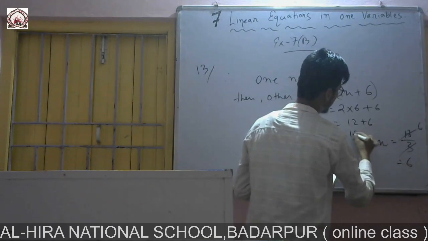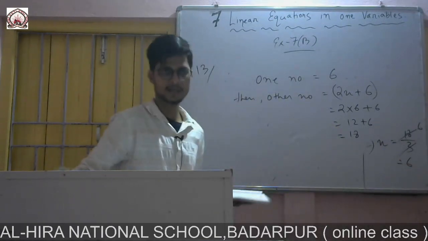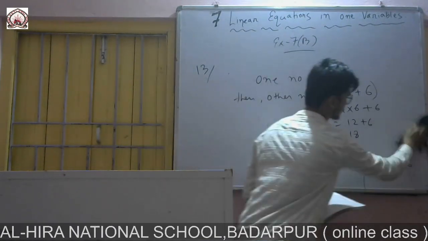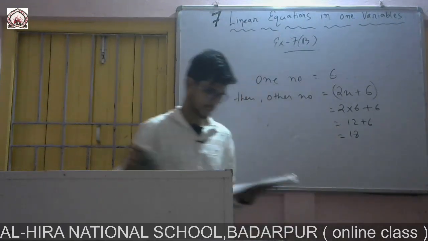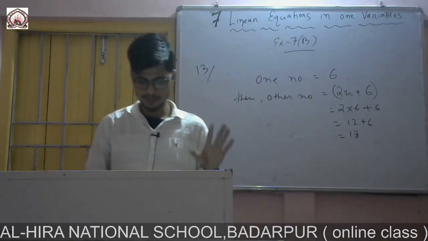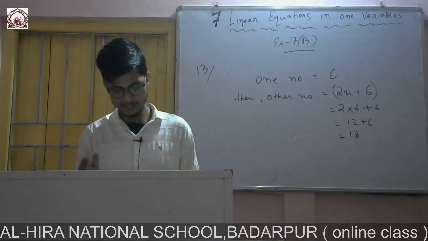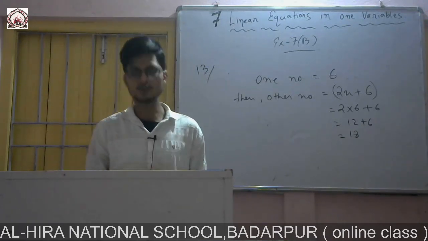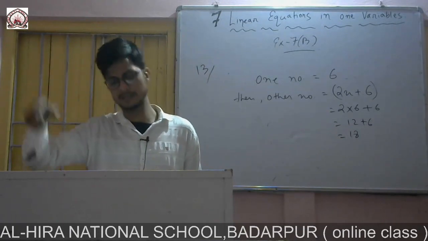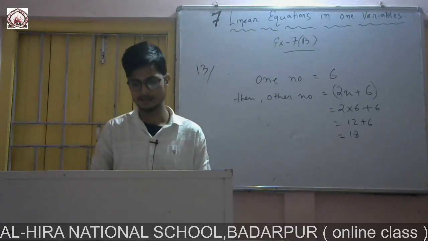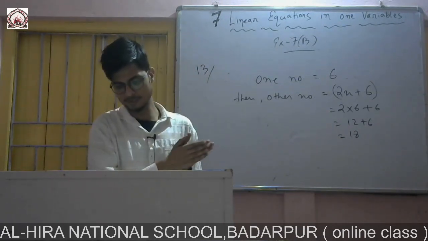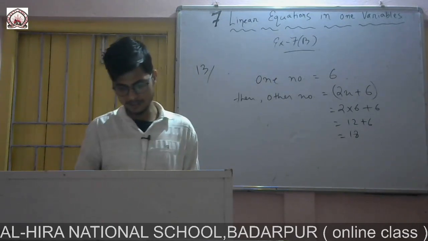It is 18. The other number is 18. First of all, I have let one number be x and for the other number, it is given that it is 2 times that number plus 6. That means twice x plus 6. Then given the sum of both the numbers is equal to 24.